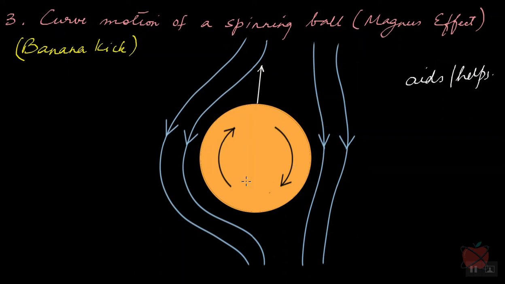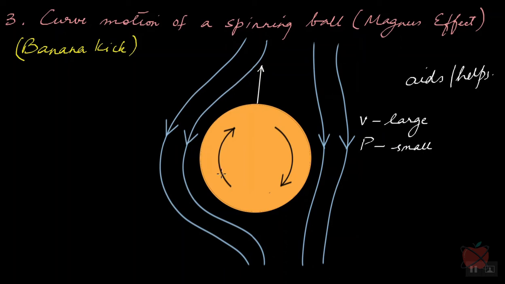Because the ball is spinning that way, this part will be pushed. It is aided by the spinning motion of the ball. Because of that, the speed of this airstream here will be large, and because the speed is large, the pressure is small, or low pressure.